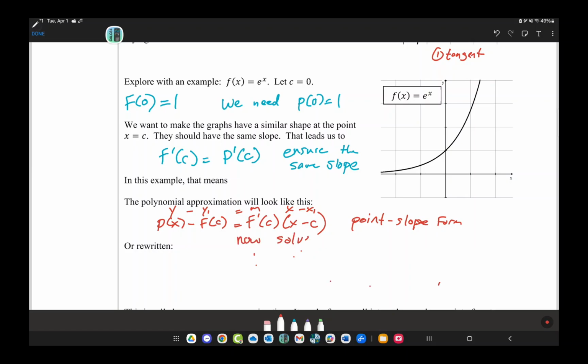Now we're going to solve for p of x, which just means get rid of the minus f of c. So p of x is equal to, I'm just going to add f of c over, f of c plus f prime of c times x minus c.